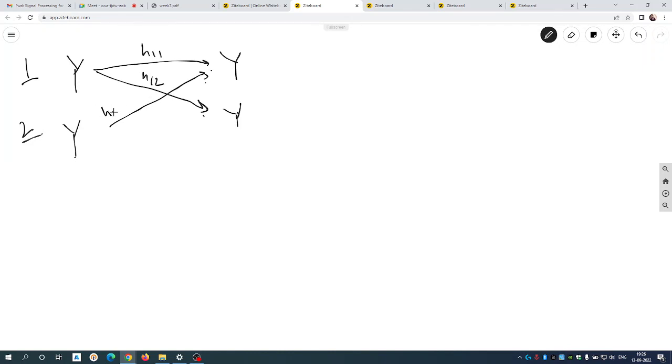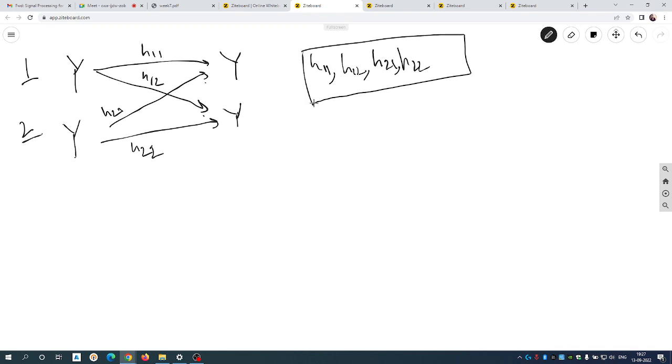It is transmitted by the second antenna and received by the first antenna. And this is transmitted by the second antenna and received by the second antenna. So how many parameters are here? H11, H12, H21, H22. This is not the case for millimeter wave.